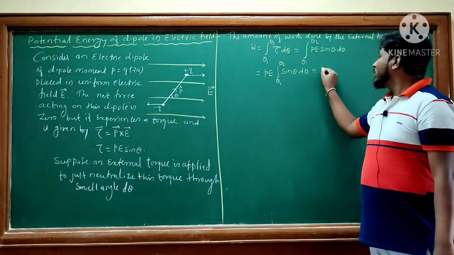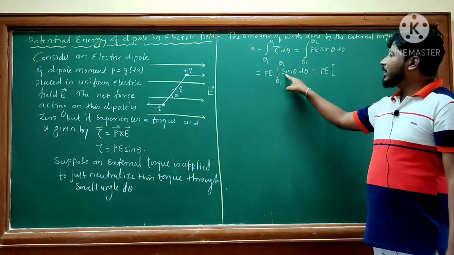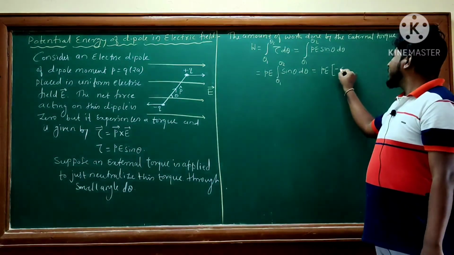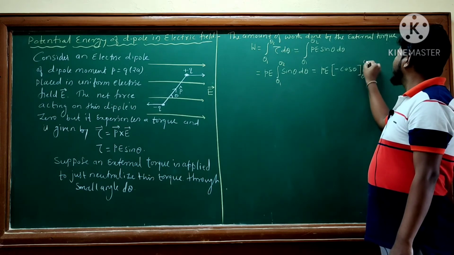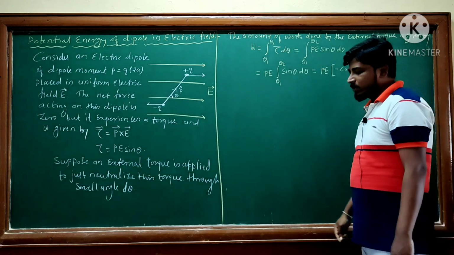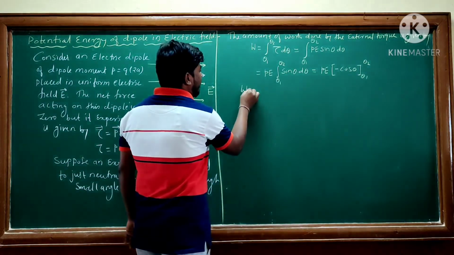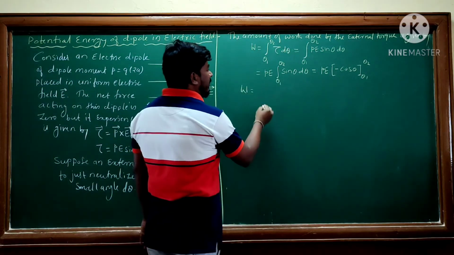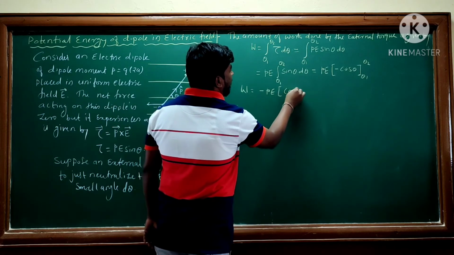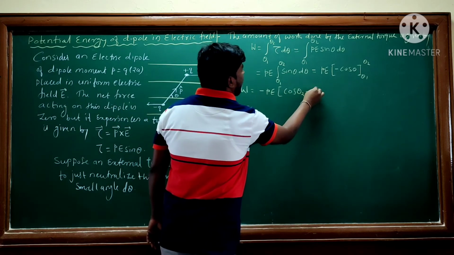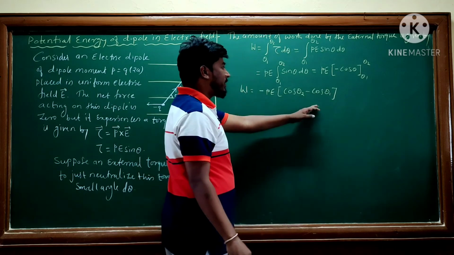The integration of sin theta is minus cos theta, so substituting the limits, W is equal to minus PE times cos theta 2 minus cos theta 1.